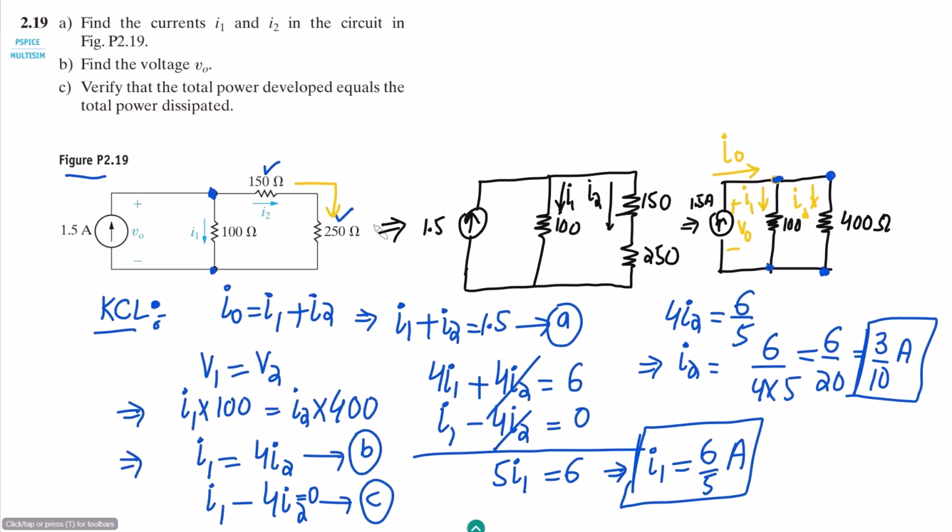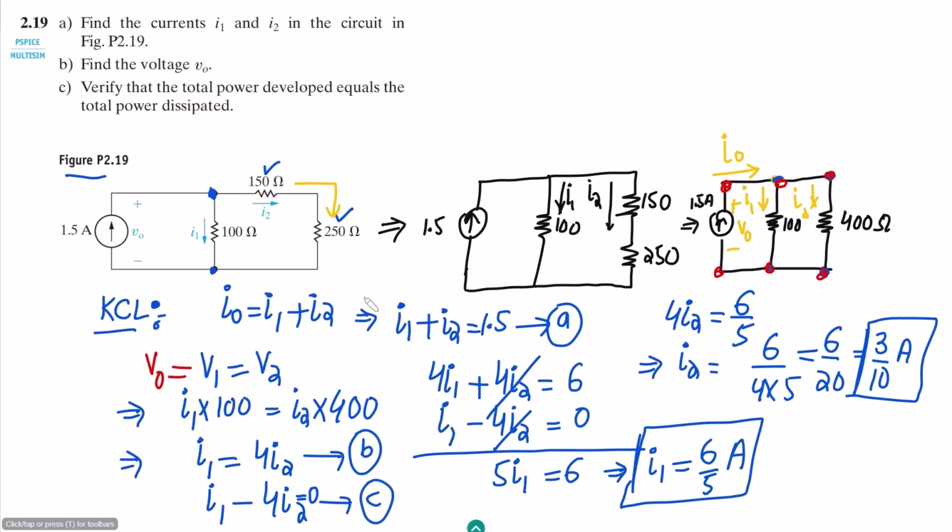As these values are known, let us find the value of V naught. We can see that all these three branches are in parallel with each other. Therefore V1 is equal to V2 is equal to V naught, because all three are in parallel.